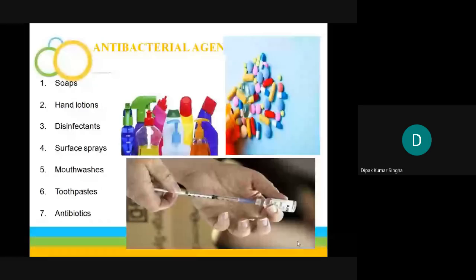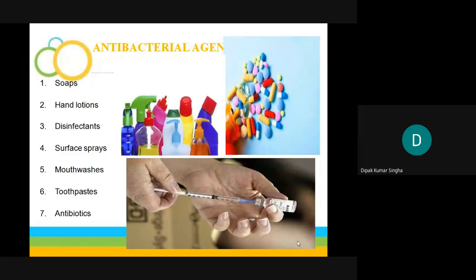Another is the mouthwash. Mouthwash is also used as a germicidal and antimicrobial agent. Sometimes the mouth produces some breath smell, a bad smell. To remove this bad smell, generally the mouthwash uses chlorhexidine or different types of chemical compounds, available in the market in many branded mouthwashes.